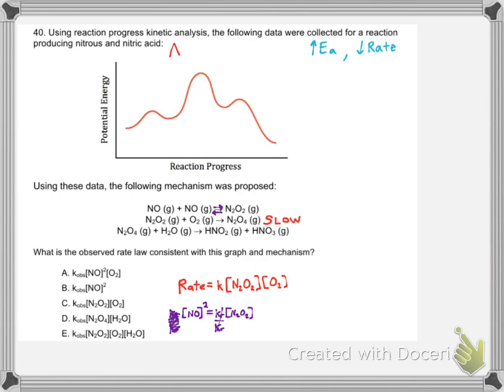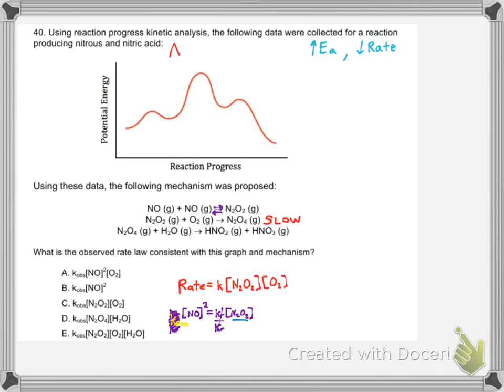And you know what? We don't care what this constant is. We're not solving for it here. So I'm just going to call it K fun. Anyway, it doesn't matter.